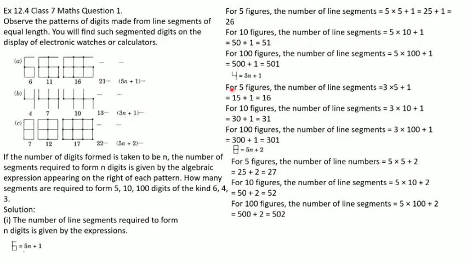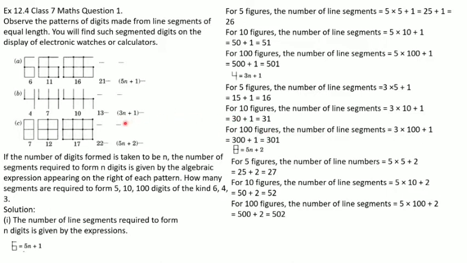In this way, you can check the other parts of the question: how many segments are required to form 5 figures. For 5 figures, the number of line segments is 3 into 5 plus 1, that is 15 plus 1, 16. For 10 figures, replace n with 10: 3 into 10 plus 1, 31.